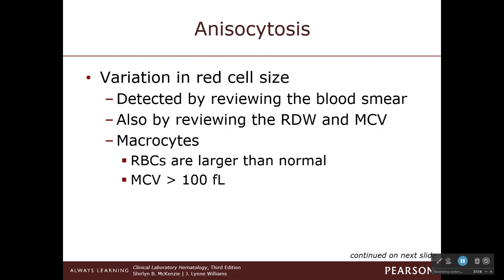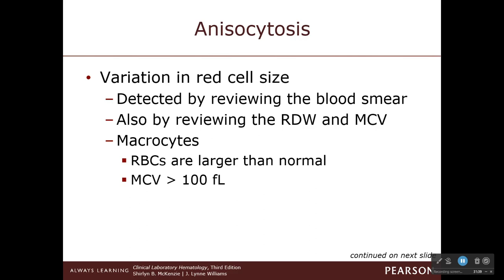Okay, all right. So let's talk about anisocytosis. This is the first one. I told you guys there were two terms: anisocytosis and poikilocytosis, or poikilo, however you want to say it. Doesn't matter to me. I call it poikilo, and here's why. Anisocytosis deals with the size of the cells.